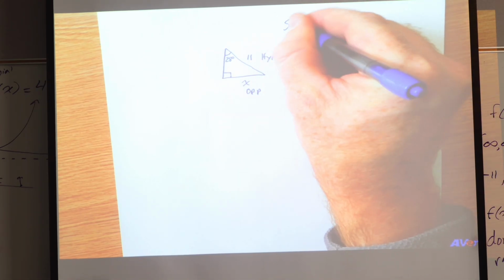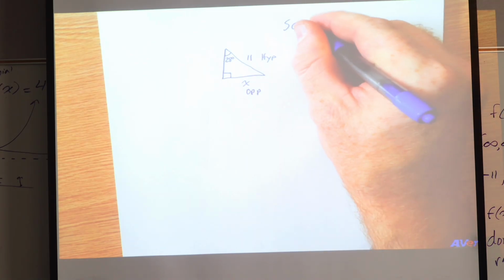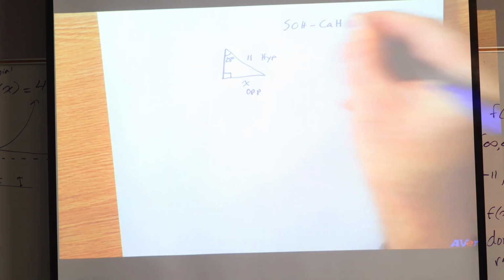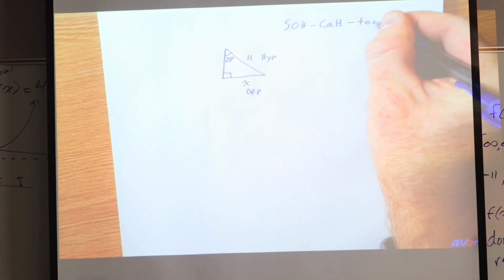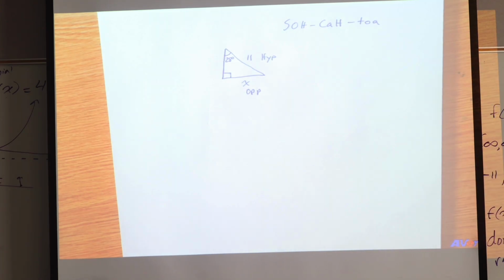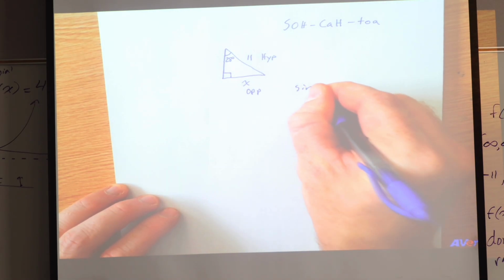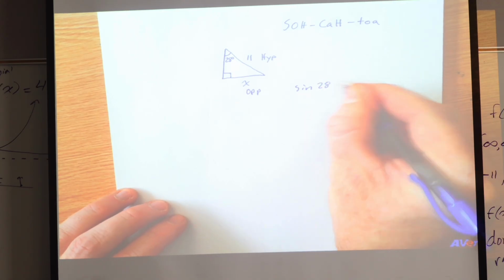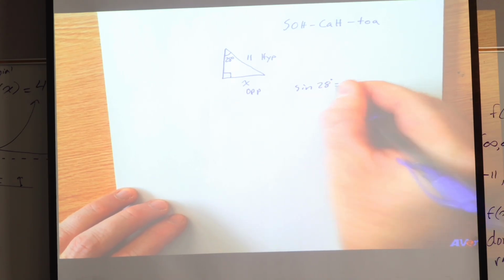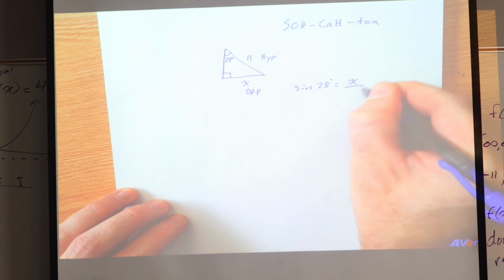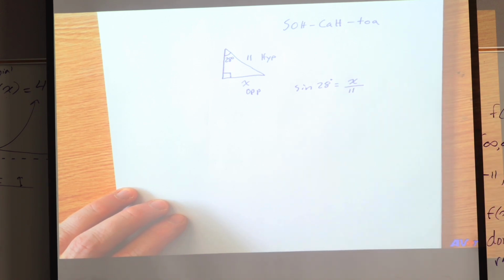So thinking about our TOA, which one uses opposite and hypotenuse? Hopefully you say sine. So we'll set it up like this. Sine of 28 degrees is going to equal our opposite, x, over our hypotenuse, 11.